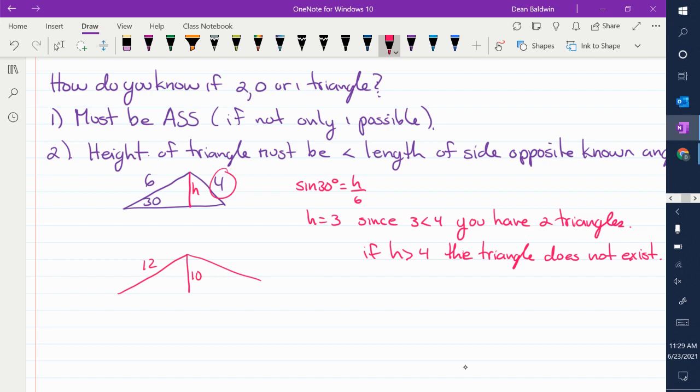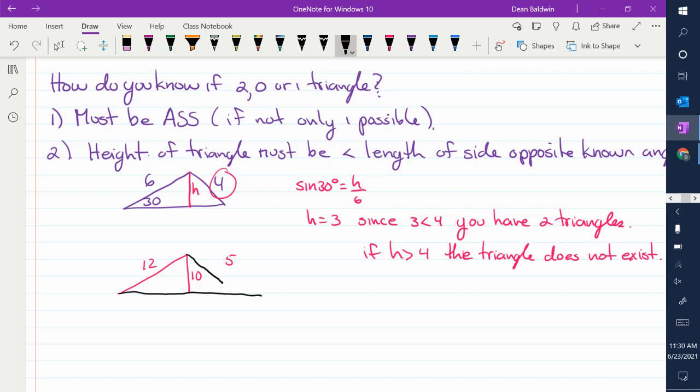That's 12, and this over here is 5. Let me redraw that. Say I make that 5, I'll do it in a different color. It won't touch, right? Because that's my base there, where the height is 10. But if this is too short, it'll never touch. Okay? So if the height is bigger than this number, it never touches. If the height is less than, then you have 2 triangles. That's the ambiguous case.